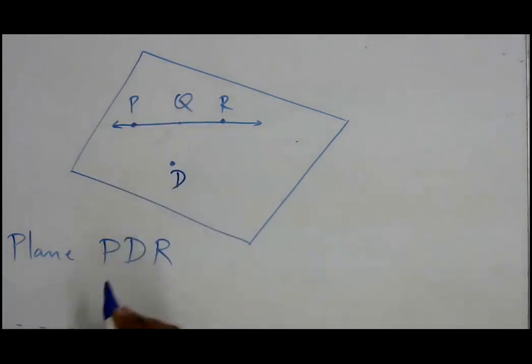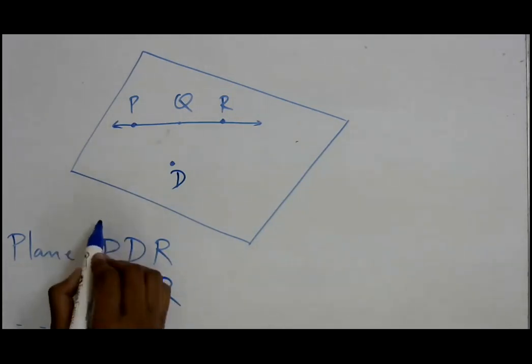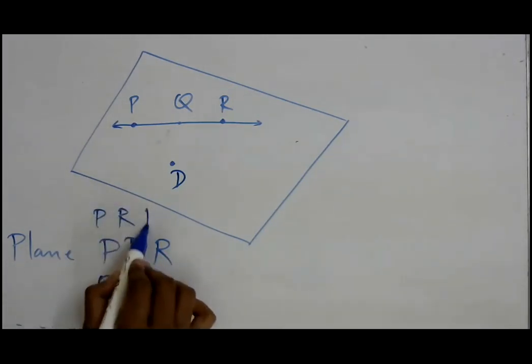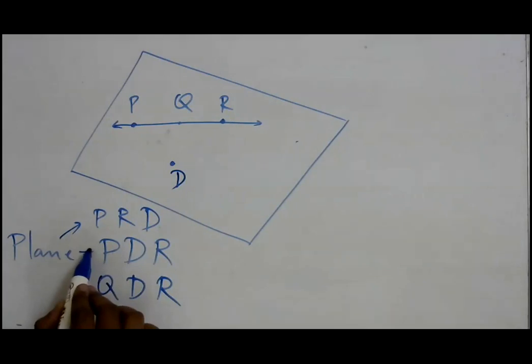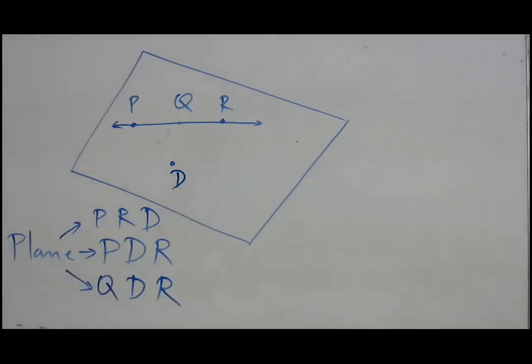Or you could also take QDR, or change the combination to PRD. But it cannot be represented with PQR, because PQR is collinear and represents a line. That line could lie in any plane passing through that particular line.